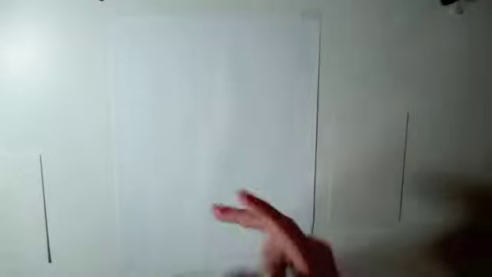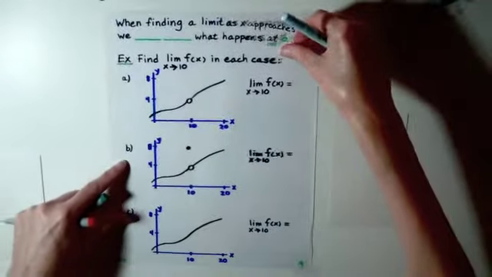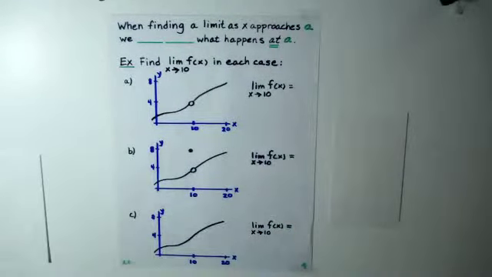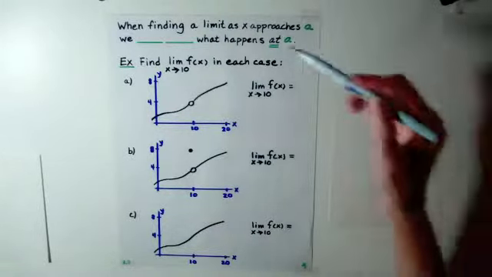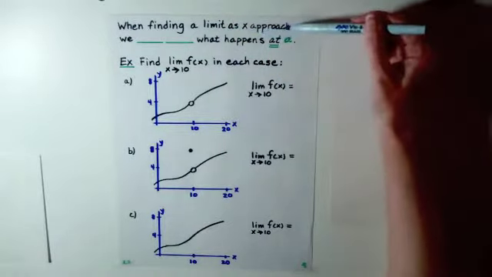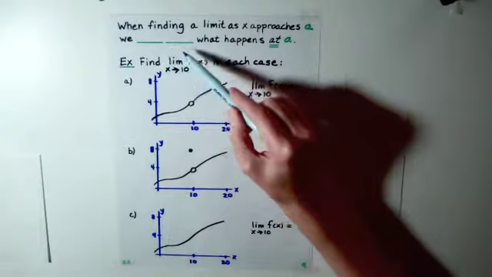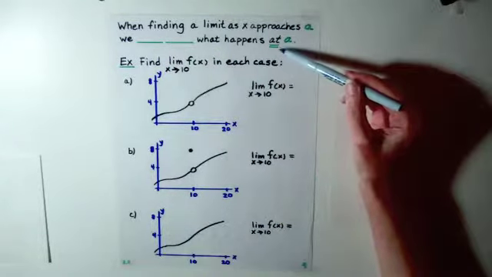And this next example is going to try to emphasize that idea that for a limit, we do not care what happens at x equal a, only what happens as x gets close to a. So let's go ahead and try to fill in this first blank. When finding a limit as x approaches a, what happens at a?